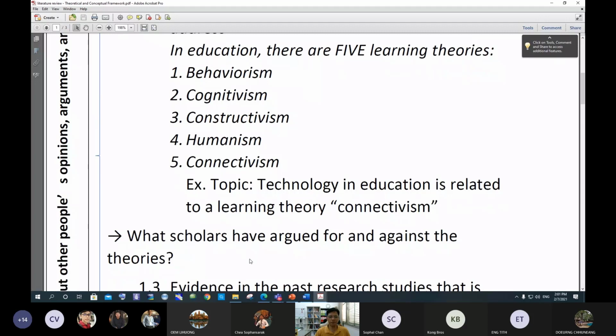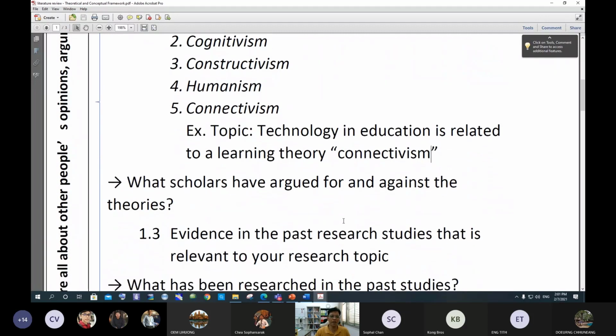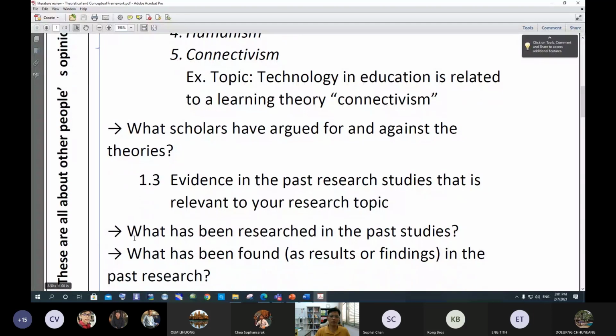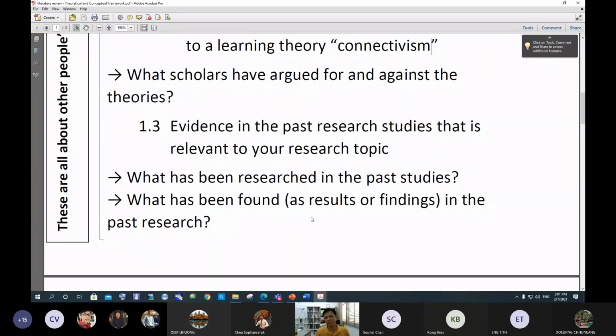Then this is another example I had before, and then I look for evidence in past research studies relevant to my research topic. What has been researched in past studies, what has been found, and what has not been found.